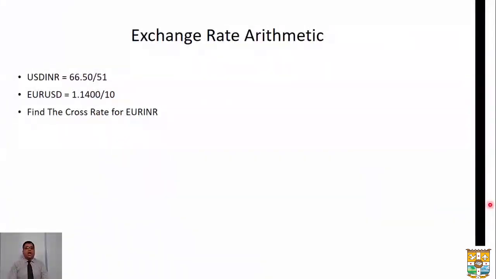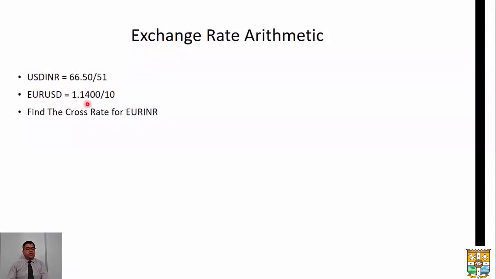We will now look at how currency exchange rates are determined when direct quotes are not available. So let us take an example. Say the rate of USD INR is quoting at 66.50 and 66.51.